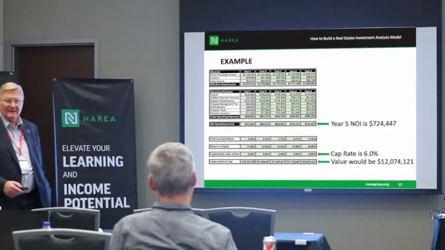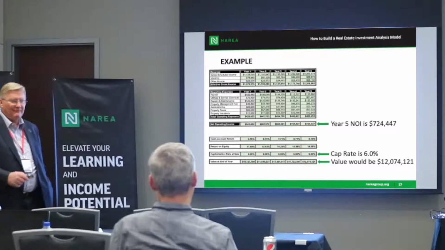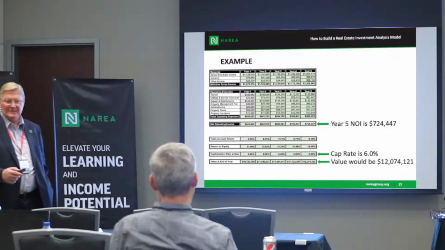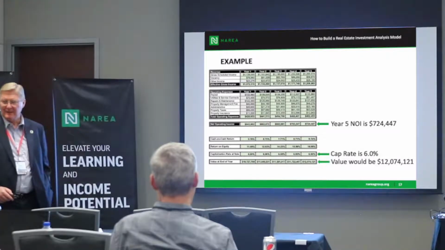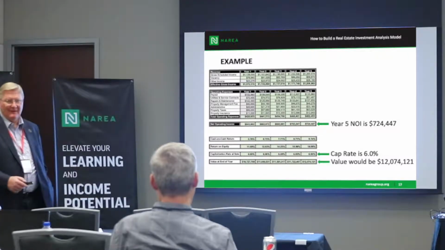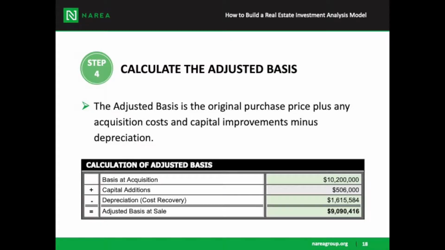So you need that in order to estimate 5 years out what you think your return is going to be. And if you don't have an estimated sale price at some point in time, you cannot calculate a return on your investment. So you need to have a sale price out there at some point in time in order to estimate that, okay?